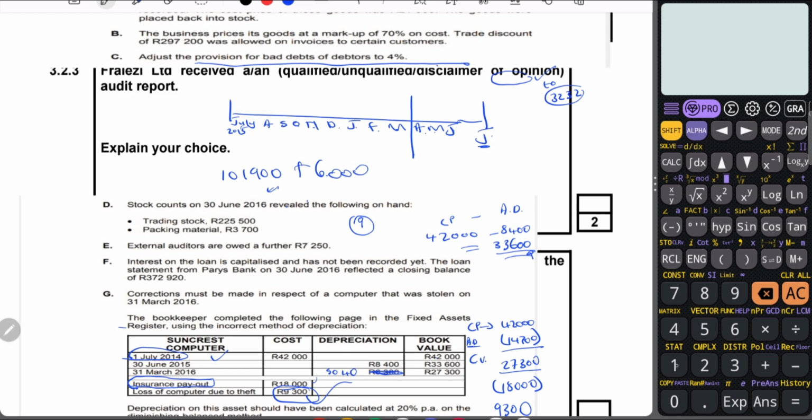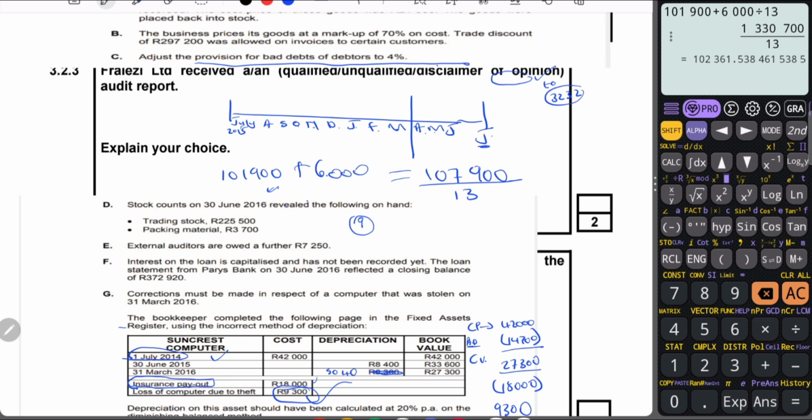How are we going to get it? It's going to be 101 900 plus 6,000. It's going to be 107 900, but the rent was received for 13 months. That's why we need to divide the amount by 13. Oh, I think I made a mistake here.